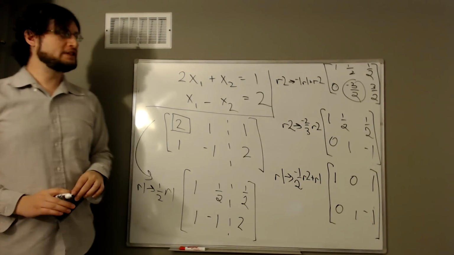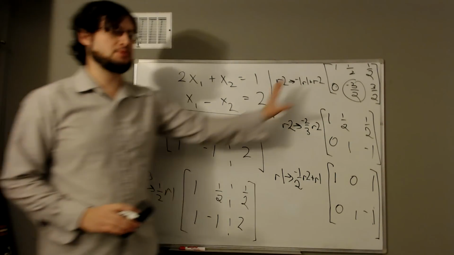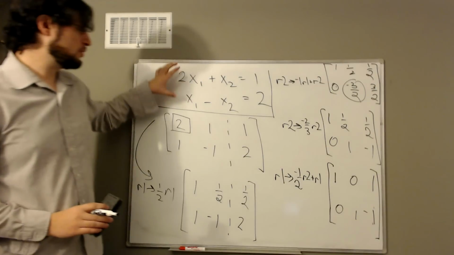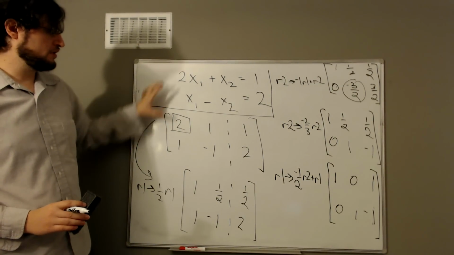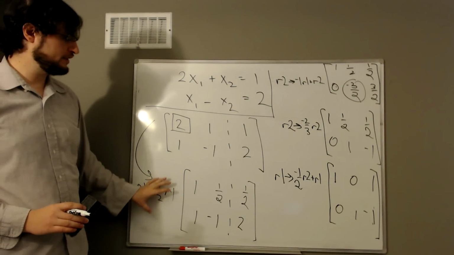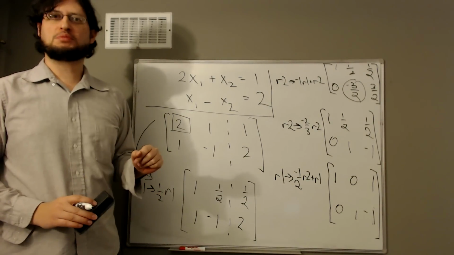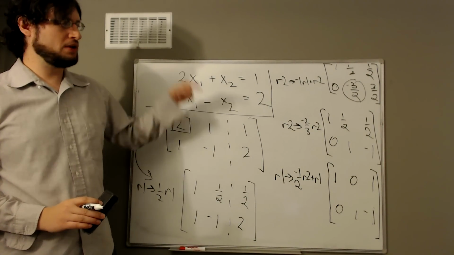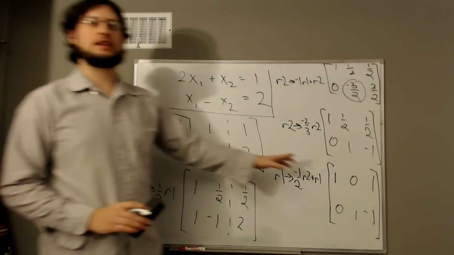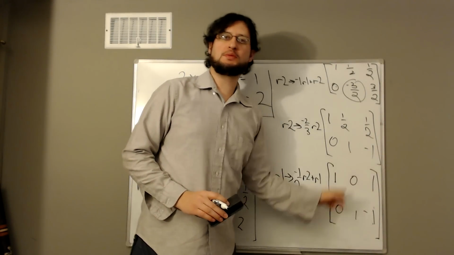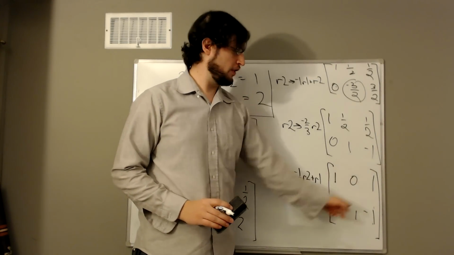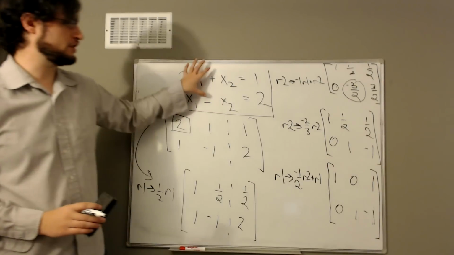Remember, the whole idea with this row reduction process is that we started with a system of equations, we turn it into a matrix, we apply this process by finding pivot positions, making zeros above and below, and then return this to a system of equations, and whatever solution this has is the same solution as the initial.